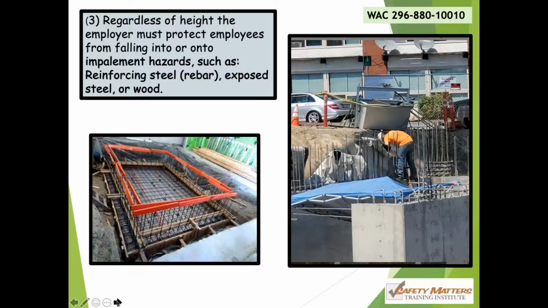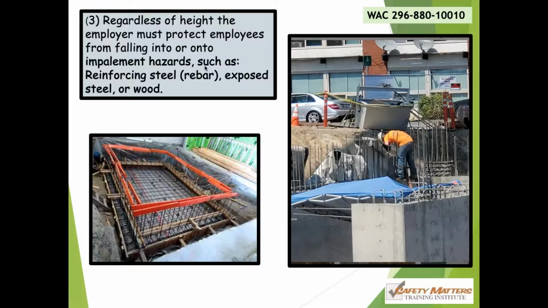Anytime you're working above an impalement hazard, we have to protect the employees regardless of height. They've added a little bit of new wording to regardless of height. Regardless of height, the employer must protect employees from falling into or onto impalement hazards.